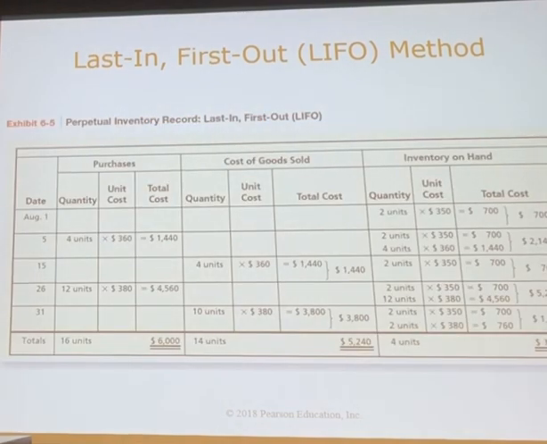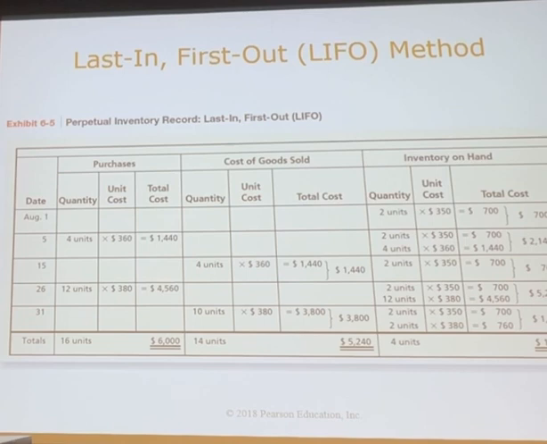So here's what the perpetual inventory record will look like for LIFO. So the lines for August 1st and August 5th are identical to what they looked like before for FIFO because those don't involve any sales. So the first place where this record looks different is on August 15th when we're making a sale.